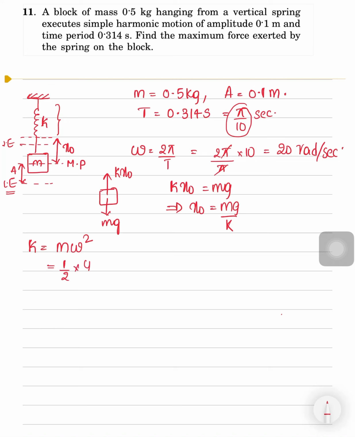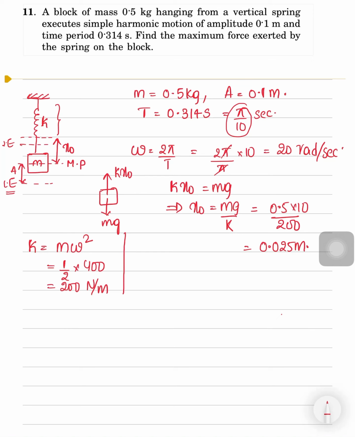Omega is 20, so omega square will be 400. So here the k value is 200 Newton per meter. So let us use this k value here. x0 will be equal to mg, which is 0.5 into 10 divided by 200. So this is 5 by 200, which will be 0.025 meters.